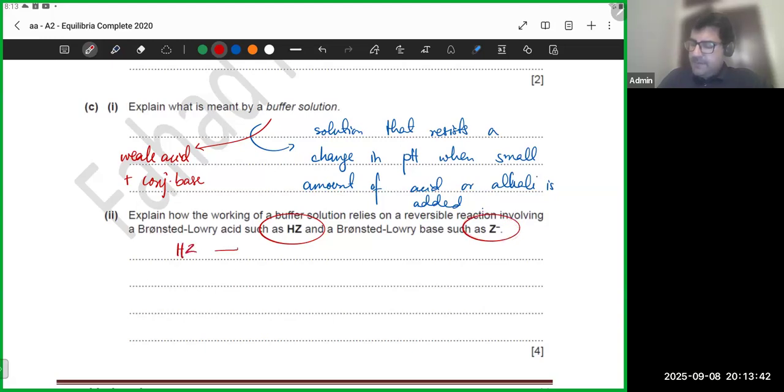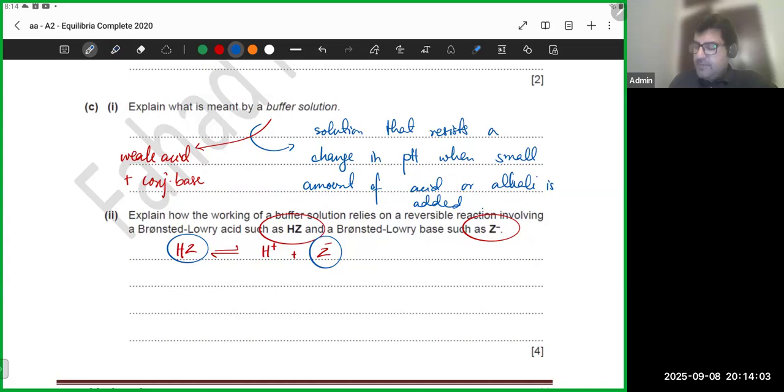He has basically created a buffer, and the buffer has the weak acid and it also has the conjugate base. So it's a mixture of both.